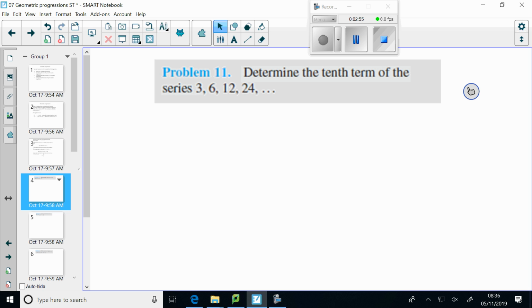So let's have a quick look at a couple of examples. Determine the 10th term of the series 3, 6, 12, 24. What's the common ratio here? It's 2, and we have a first term of 3.